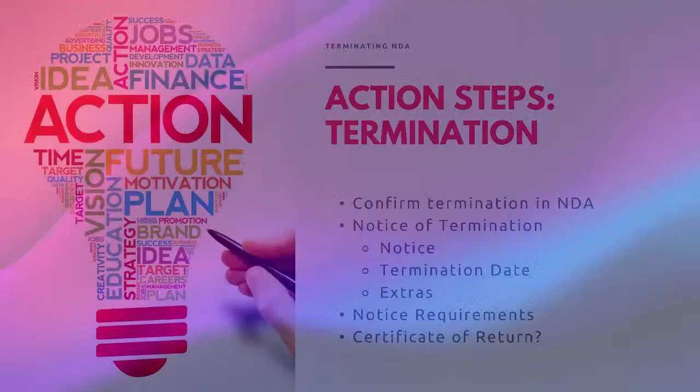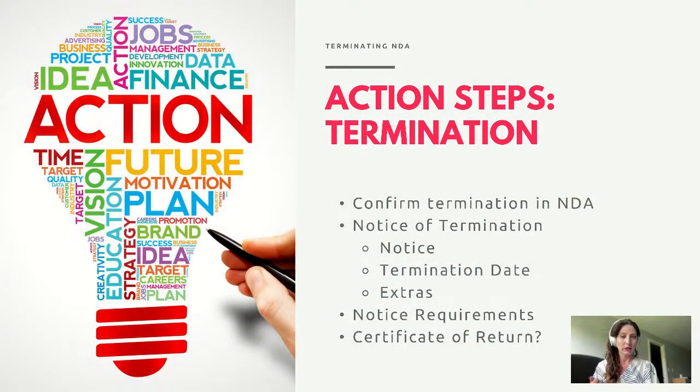Let's go back up here for a sec. And the notice of termination. So we've confirmed in our NDA, by looking for the term and termination words, that either party can terminate.